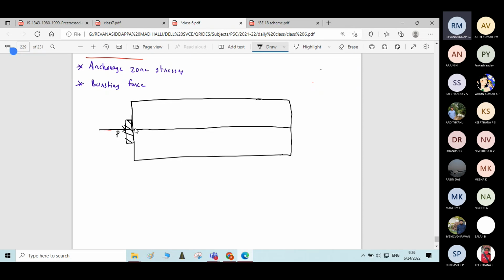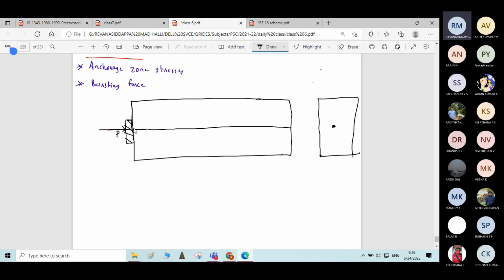In this case, when you compare the cross section of the pre-stressing wire to that of the cross section of the beam, the cross section of the pre-stressing wire is very small compared to the cross section of the beam. Therefore, the pre-stress which we induce will not be transferred to the entire cross section of the beam.